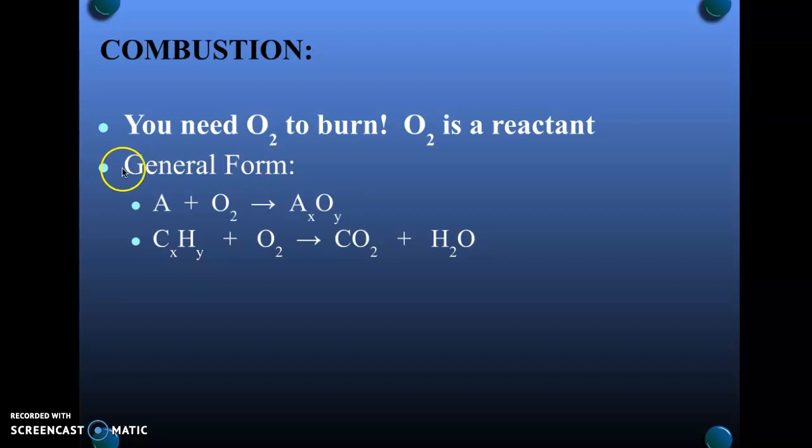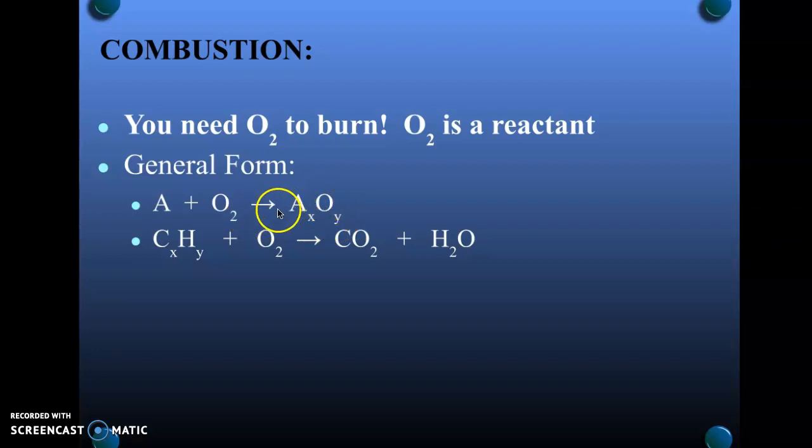Now there's going to be two general forms of this. So this first one right here, this is combustion of an element. So A, we're going to use that as a general term for any element. And when you combust that with oxygen, we're going to make some sort of oxide. Now the identity of the oxide that's your product is determined by whatever that element is and what ratio you have between that element and oxygen.